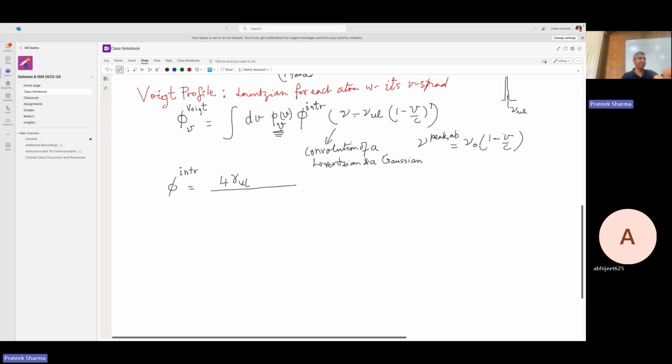When I said that the Doppler width is 10 kilometer per second, but the Lorentz width is 0.01 kilometer per second, you are essentially replacing this by a delta function. Wherever you have nu, you just replace it by this quantity, or wherever you have v, you replace it such that this argument is 0.